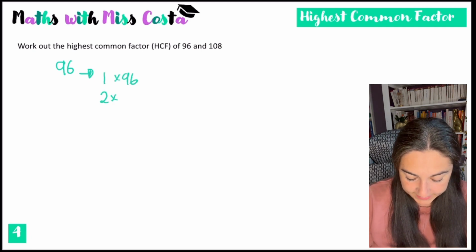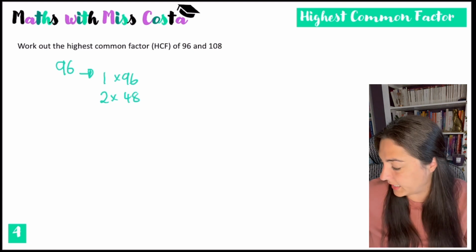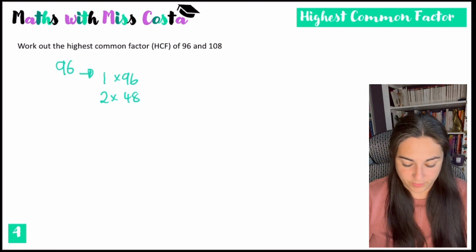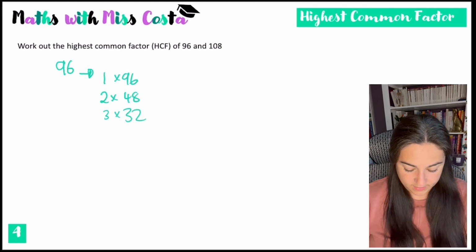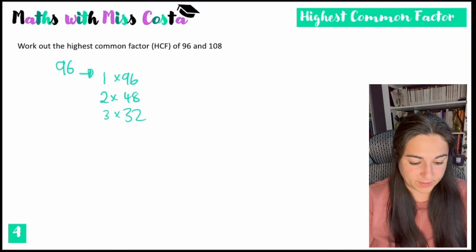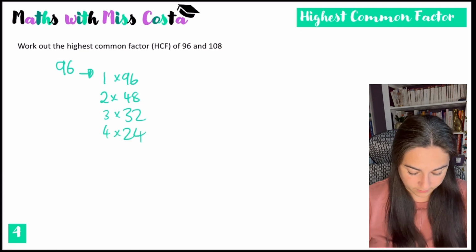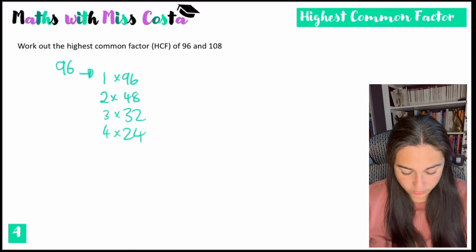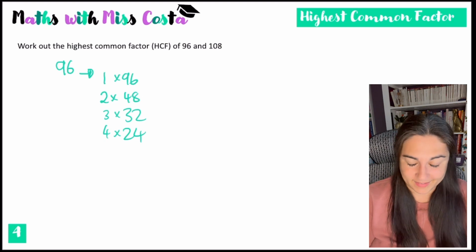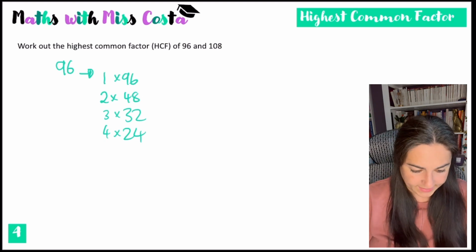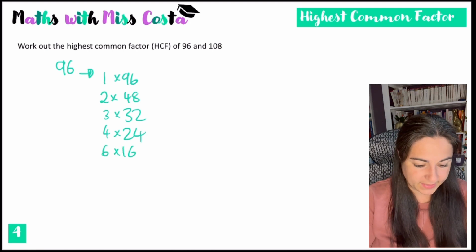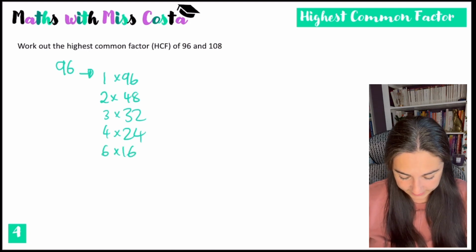So 96: 1 times 96, then try 2 times 48, then try 3 times 32, then try 4, so 96 divided by 4 is 24, so 4 times 24. 5 won't go into it because it's not in the 5 times table. Then let's try 6, so 96 divided by 6 is 16, so 6 times 16.